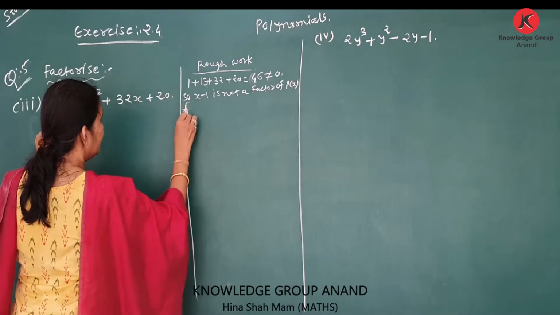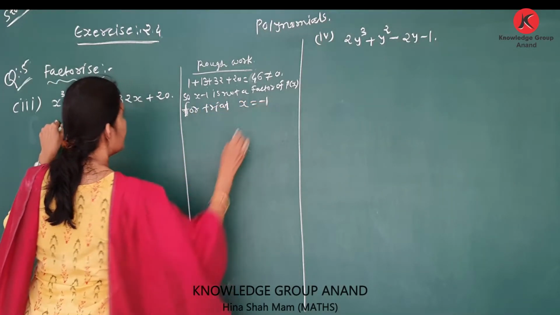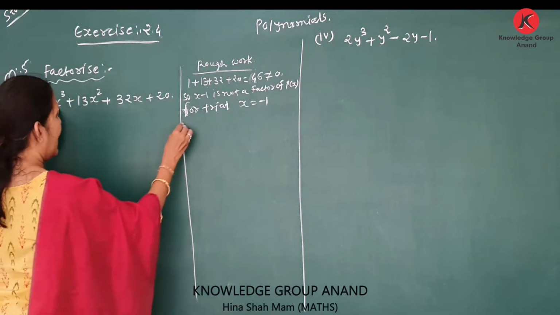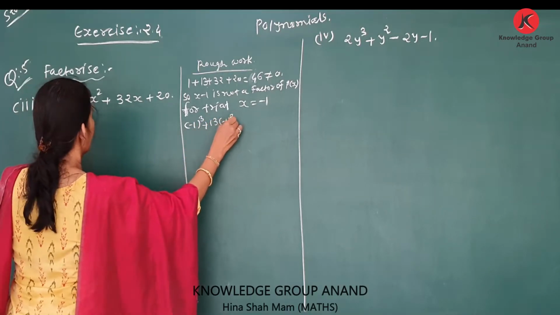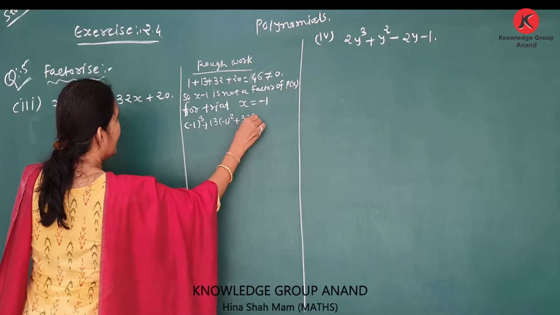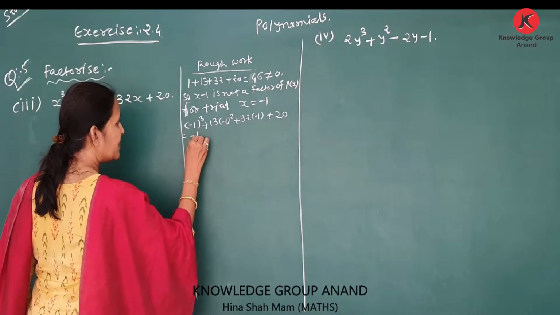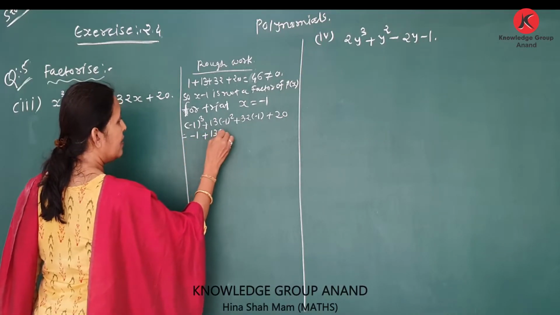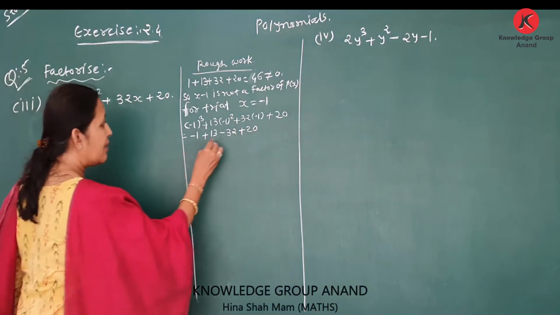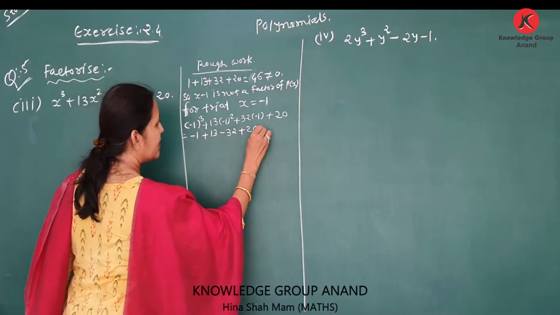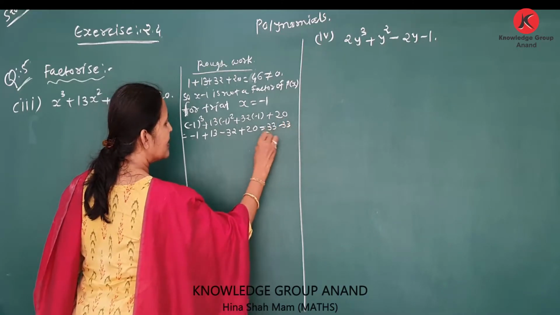For trial, x is equal to minus 1. Then minus 1 cube plus 13 into minus 1 square plus 32 into minus 1 plus 20 is equal to minus 1 plus 13 minus 32 plus 20, which is equal to 0.